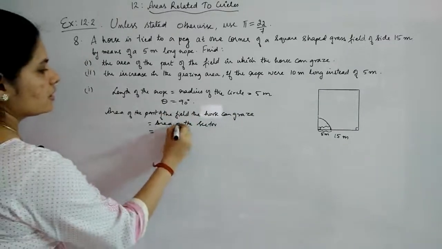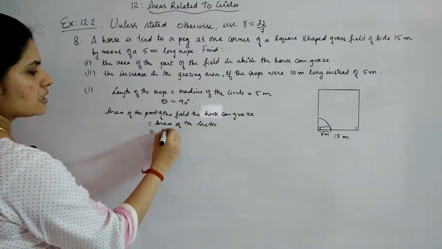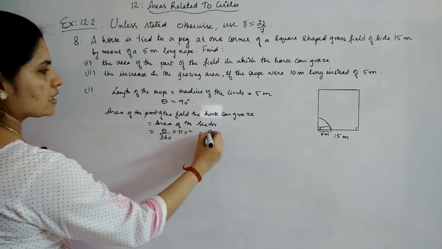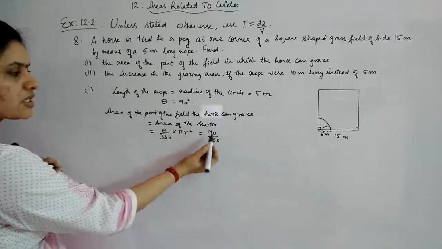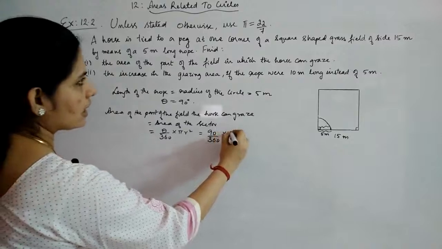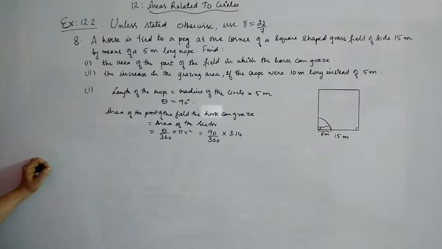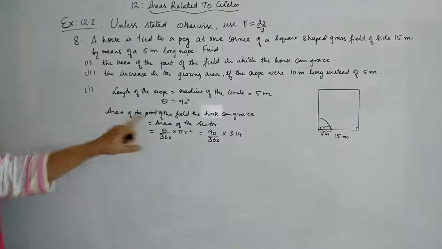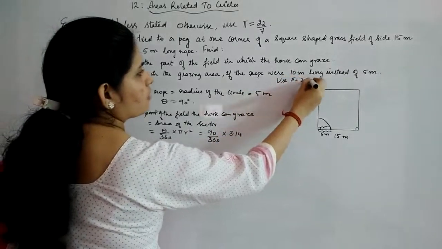What is the formula for area of the sector? It is theta by 360 into pi r square. Theta here is 90, so it will be actually 1 by 4. You can replace it with 1 by 4 of pi r square, and pi has to be taken as 3.14, because the question is giving you the pi value as 3.14.